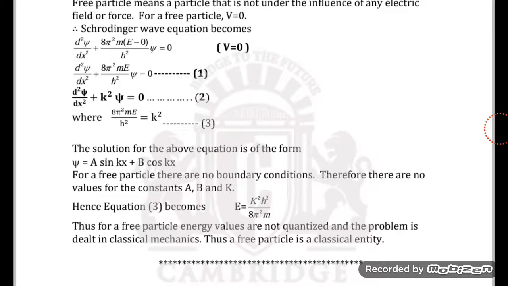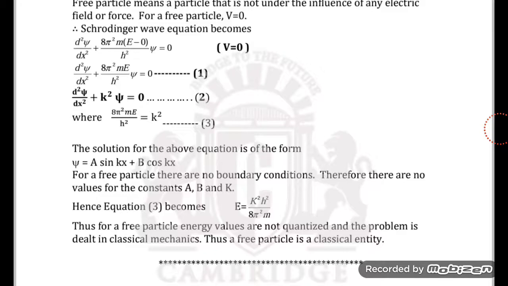The solution of the above equation is of the form given, and we have solved it.